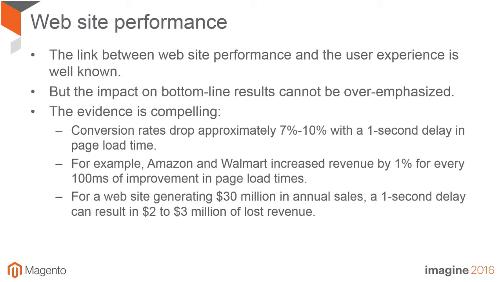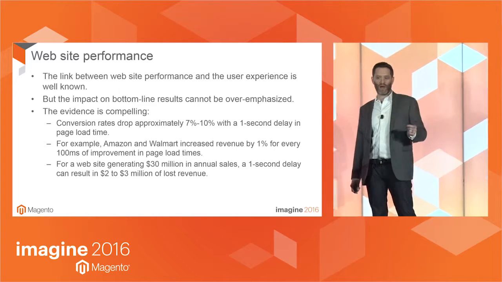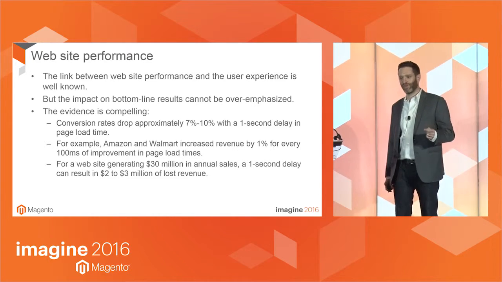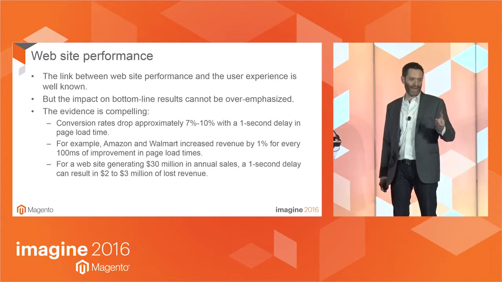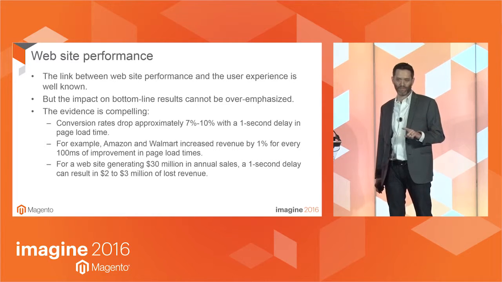The link between site performance and conversion rate is well established, right? Let's get started with some basic statistics. Conversion rates can drop 7 to 10% for every 1 extra second of page load time.